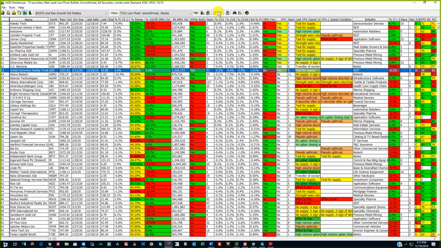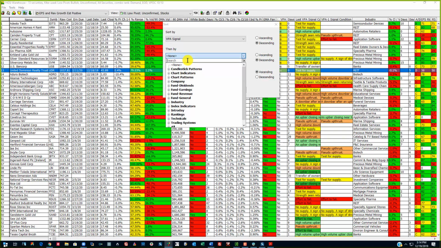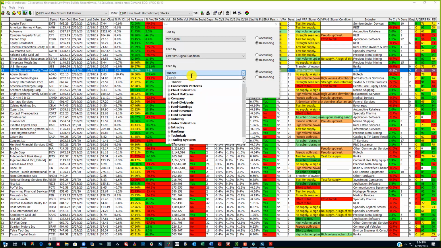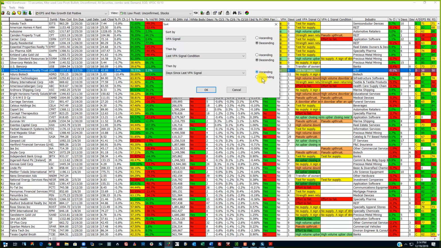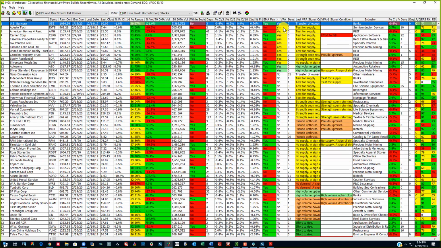Last VPA signal condition. If you want a multiple sort, you click on this A to Z and you go into the field and you just type VPA in here, and I want the last VPA signal condition. And then on the third one, I want the days since the last VPA, so I type VPA again, select days since, and I want this ascending rather than descending. And then what it does is it sorts these according to the signal and the days since.